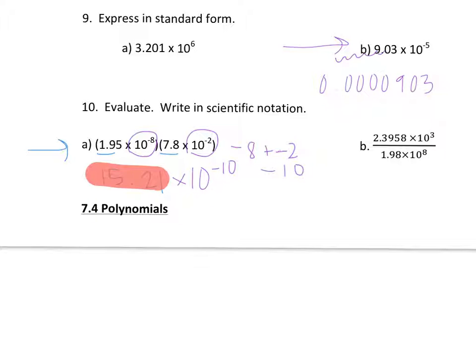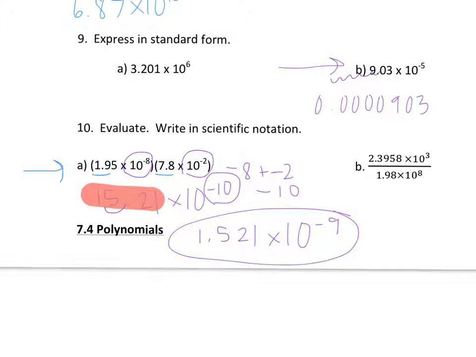So I'm going to change that by moving that decimal one place over and get 1.521. And because I moved my decimal 1 to the left, that raises the exponent by 1, so it becomes 10 to the negative 9th.